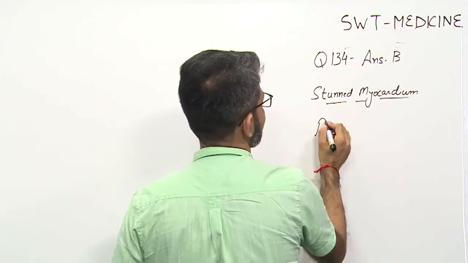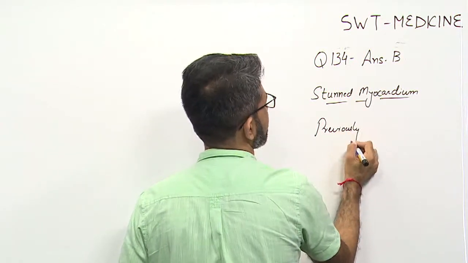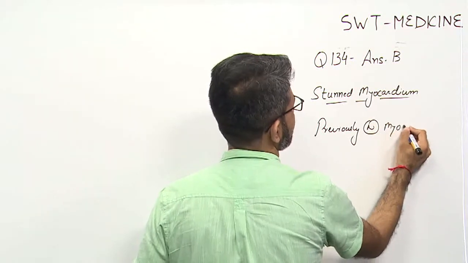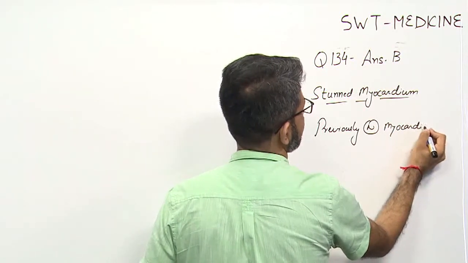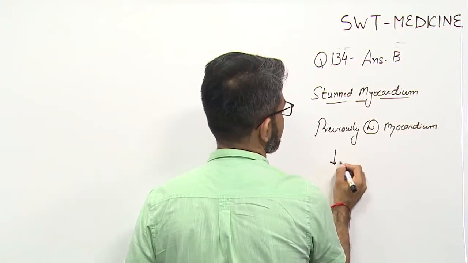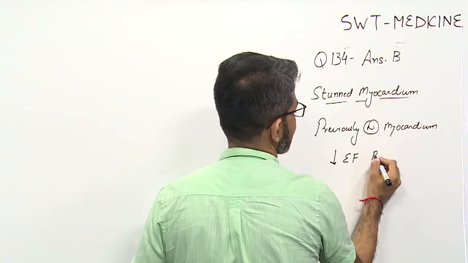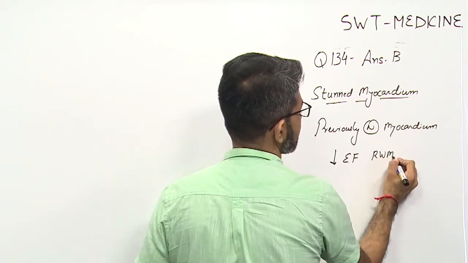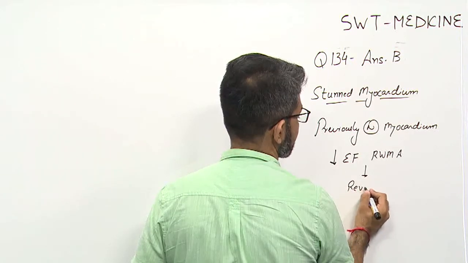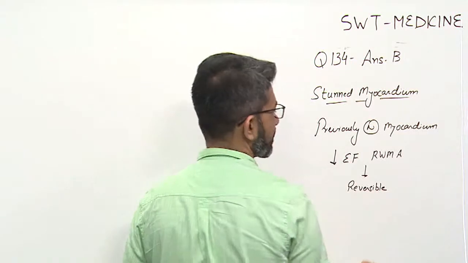A previously normal myocardium will have a decreased ejection fraction as well as regional wall motion abnormality. However, it is reversible. So, the insult is not complete.